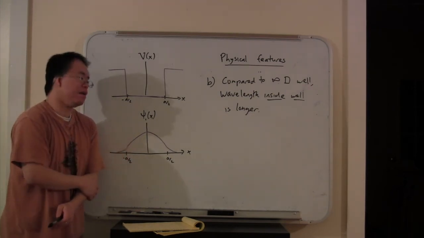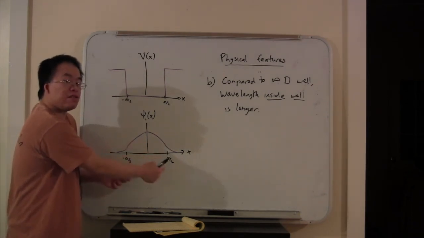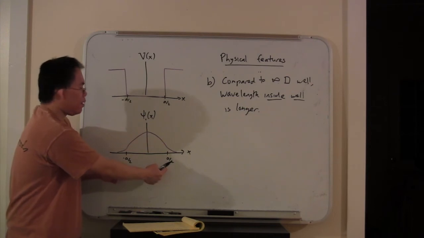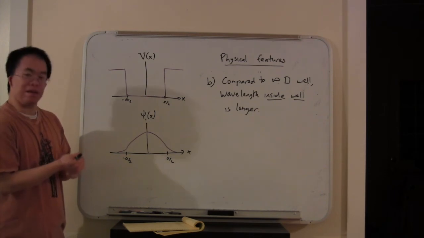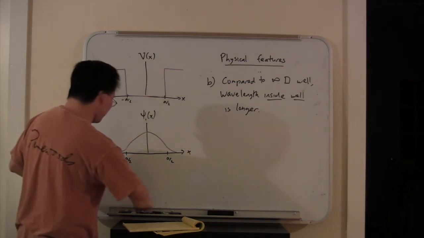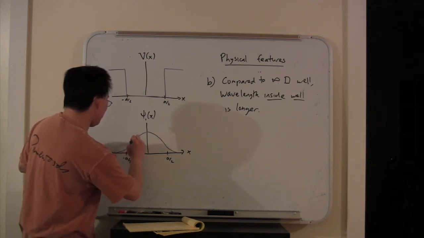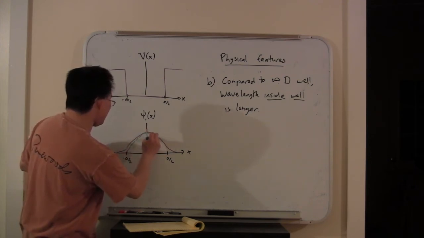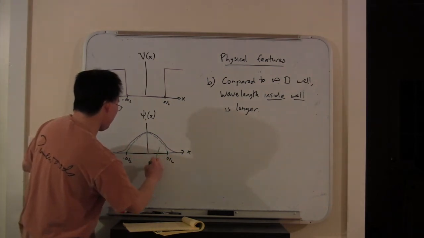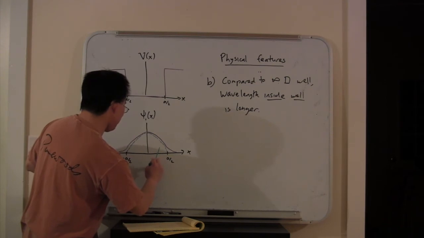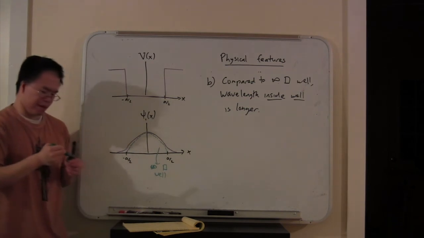Because remember that for the infinite square well, my ground state wave function had to go to 0 right at the edges of the well. Here, because it doesn't have to, it can sort of meander a little bit and have a little bit less curvature. So if I were to try to draw the corresponding infinite square well wave function, it might look something like this.